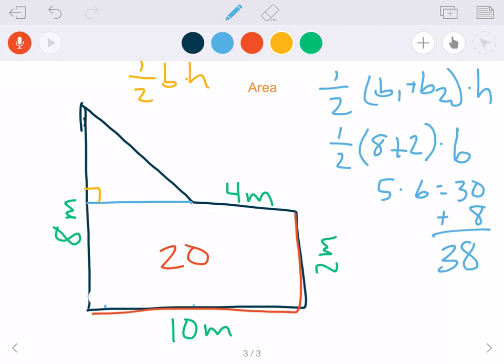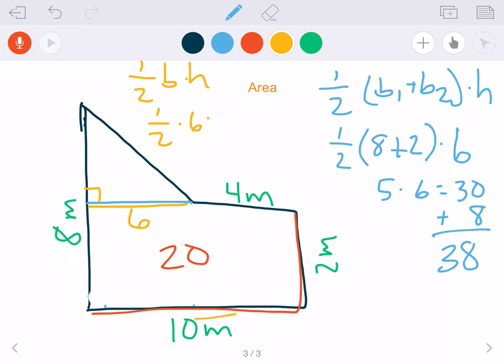We're looking for what this distance is here for the base. I know the entire distance is 10. I already have 4. So what do I add to 4 to get to 10? 4 plus 6 equals 10. So there's my base. So we've got 1/2, 6.